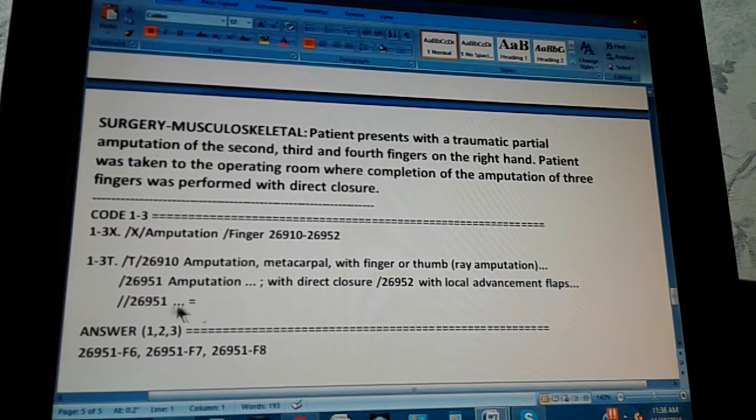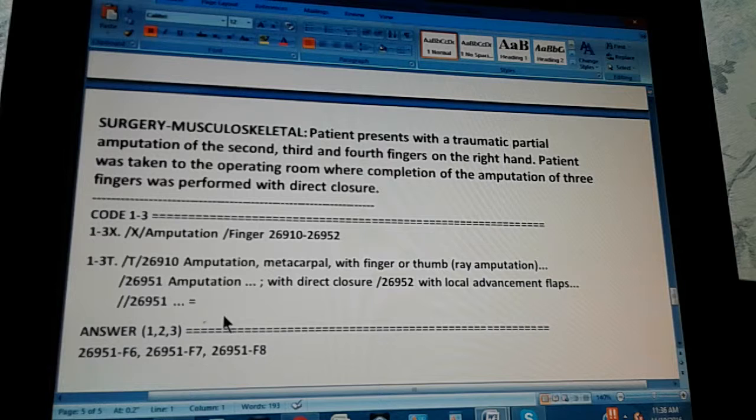With the direct closure, that is the confirmation of the code. The reason we need a modifier is that there were 3 different fingers, and F6, F7, and F8 are the descriptions of those fingers.